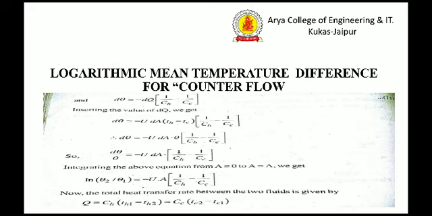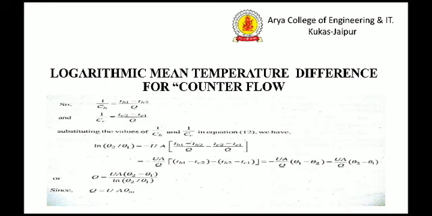As we did in the parallel flow, we do a similar activity, and we will get the value of d theta upon theta, that is equal to minus U dA (1 upon Ch minus 1 upon Cc). Again integrating between the limits 0 to A, we will get ln (theta 2 upon theta 1) is equal to minus UA (1 by Ch minus 1 by Cc).